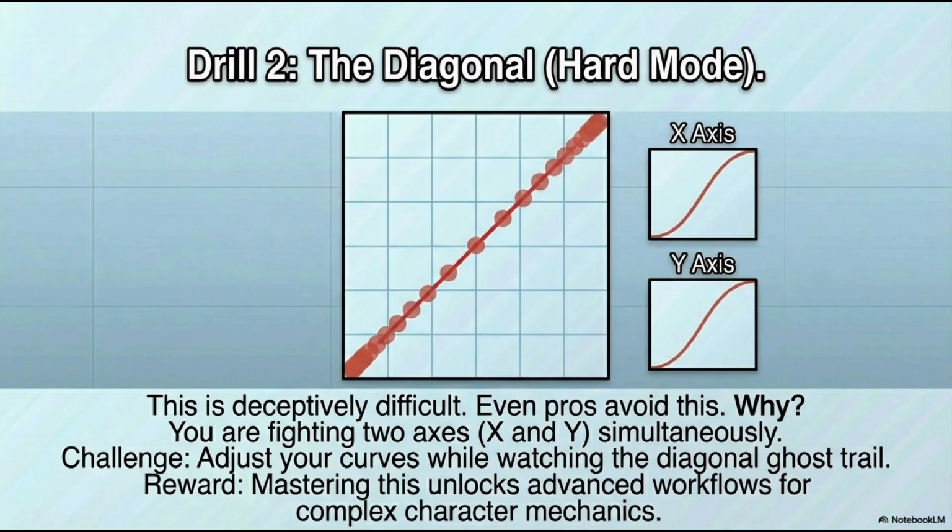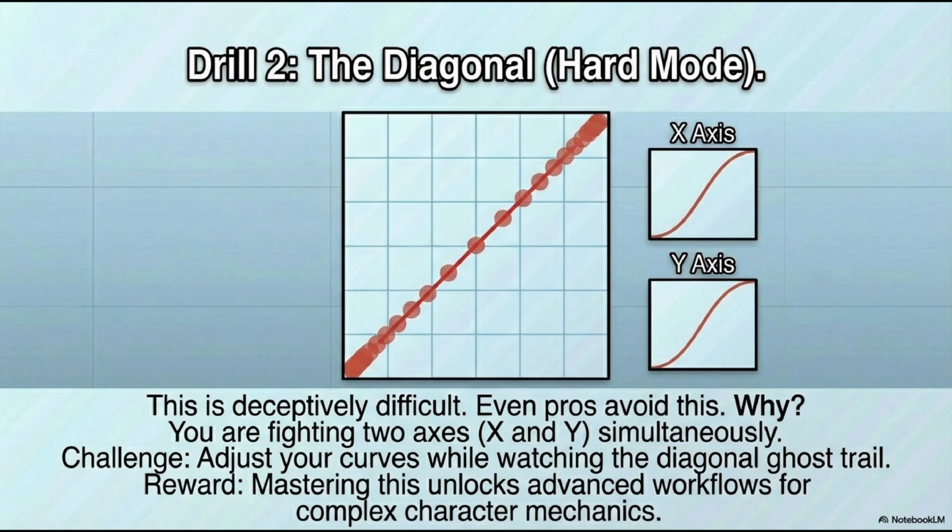And just to let you know, this is really hard. Even the pro animators don't do this. But if you do this, you can unlock your skill for potentially different workflows.